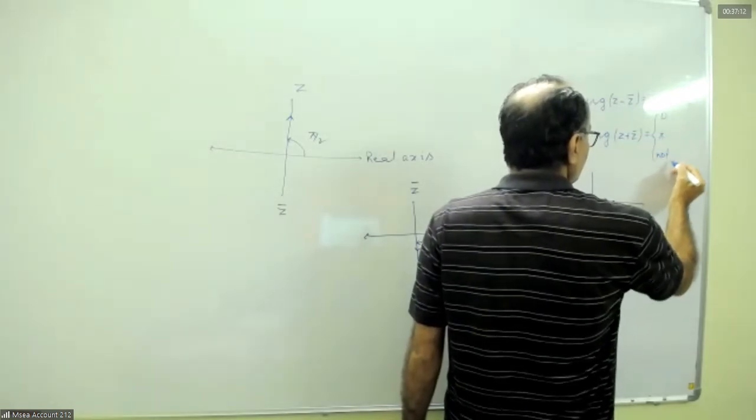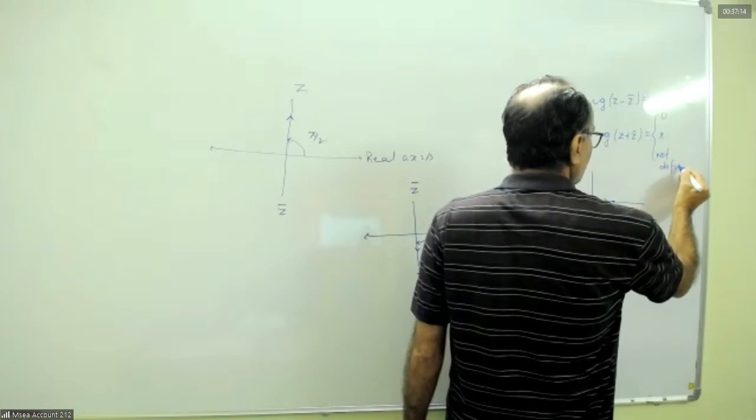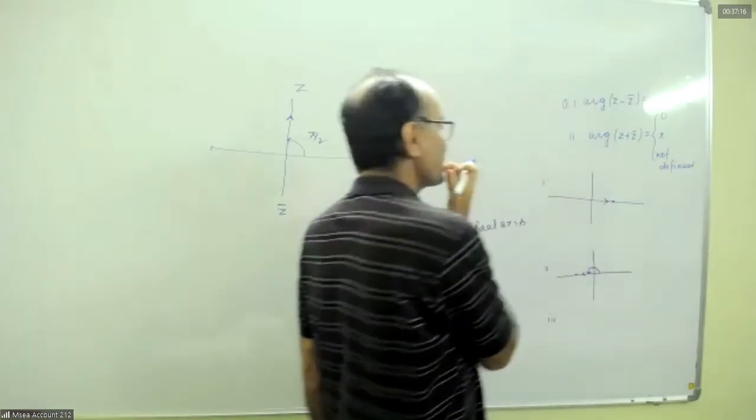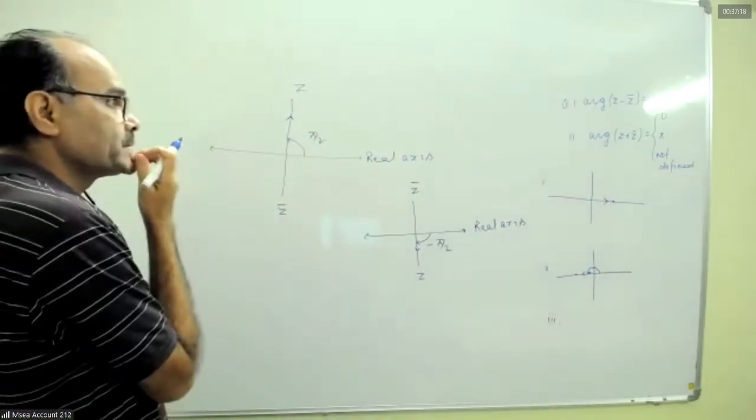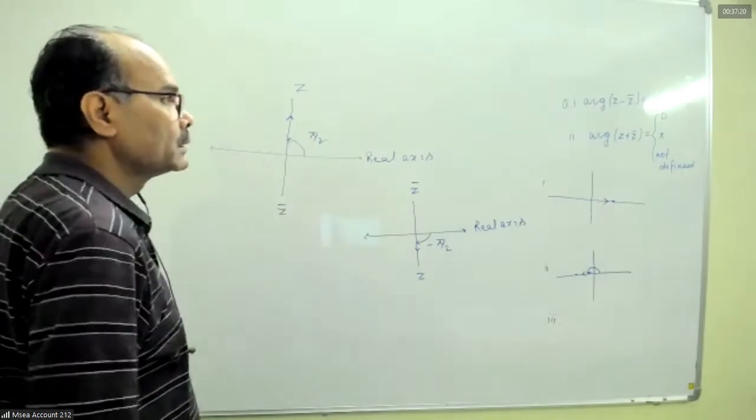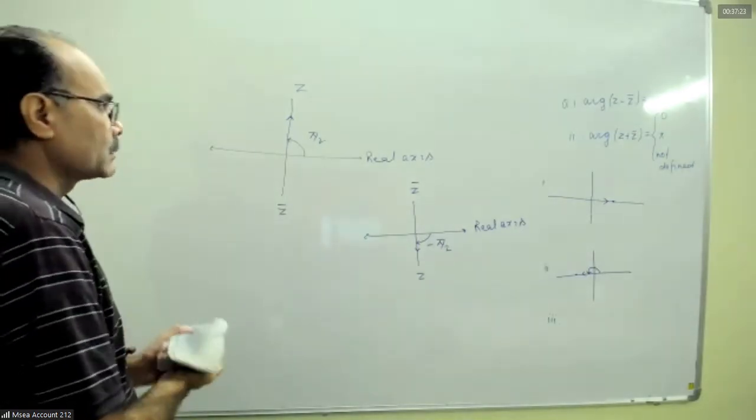If the real part of Z is positive, it is 0. If negative, it is pi. If 0, it is not defined.